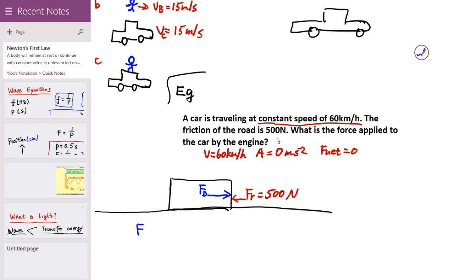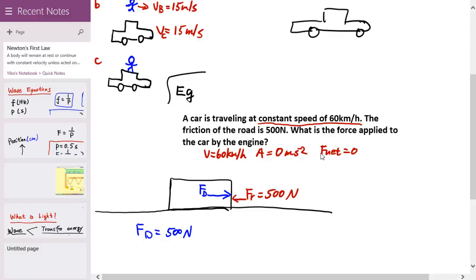So the engine must apply exactly 500 newtons of force to cancel the friction, so the acceleration is zero and the car maintains a constant speed. The car is not speeding up or slowing down, it maintains constant speed because the net force is zero.